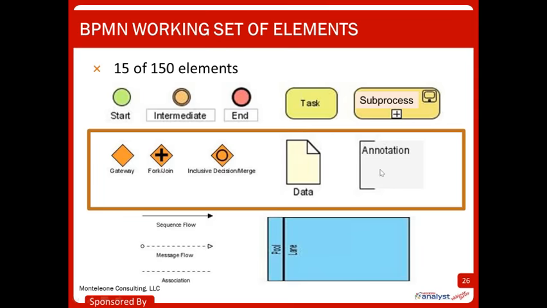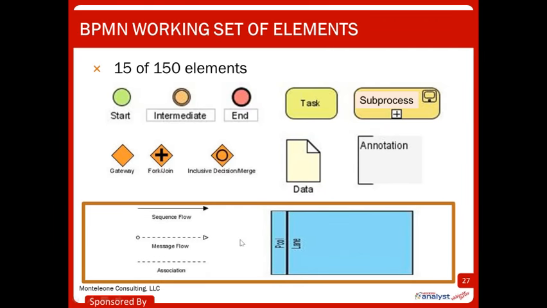Now, I want you to remember this business with annotations, and in particular, if we go down here to the last grouping, associations. If we look at the association line, that dotted line, this is going to be used when we start looking at DMN, the decision model and notation technique.